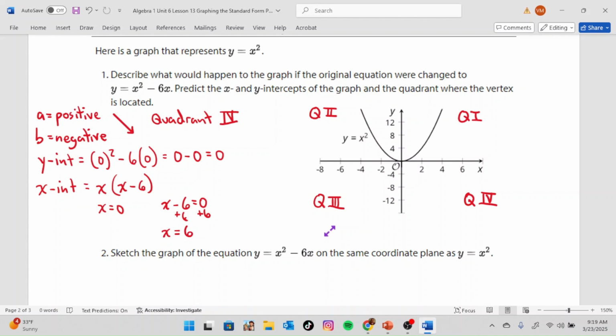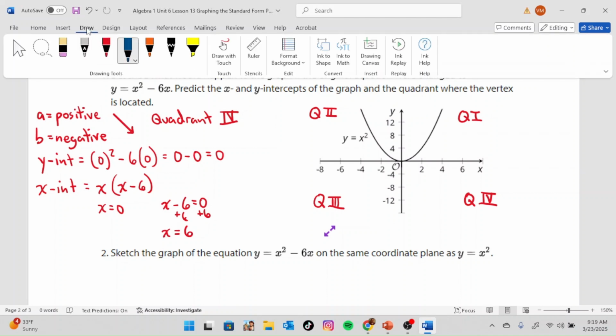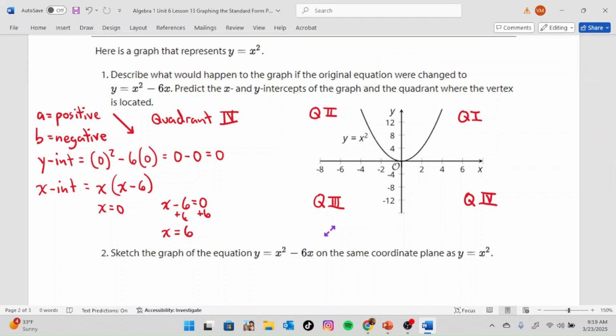Number 2 wants me to sketch the graph of this equation on the same coordinate plane as the original one. So what I'm going to do is I'm going to put my intercepts at the origin and at 6.